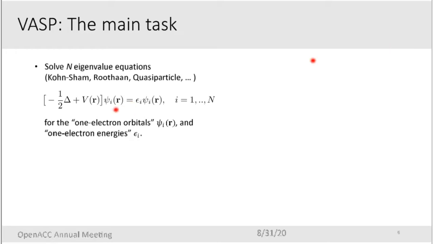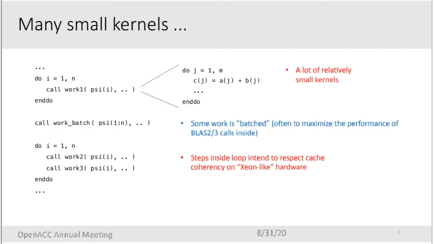So we divide the data and the work: solving these eigenvalue equations for a certain orbital gets put onto a certain MPI rank, and that rank is then responsible for doing that work on that orbital.